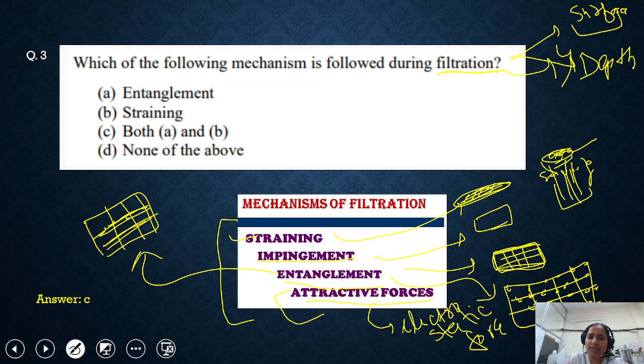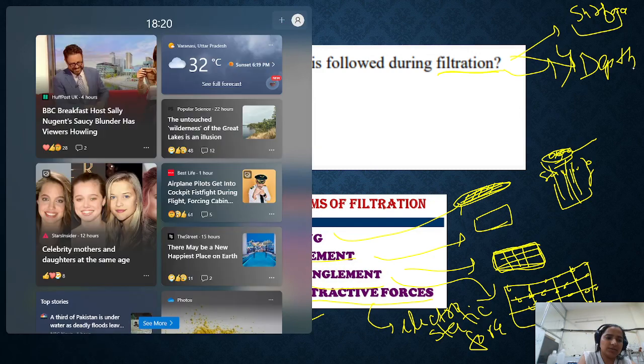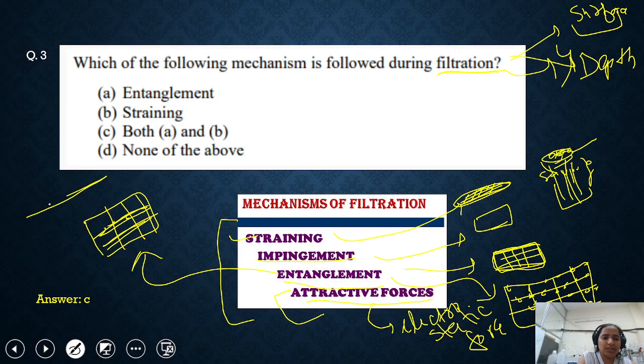What happens in surface filtration? Suppose this is your filter. The solid particles will settle above this, on the surface of the filter paper. The solid particles get collected here on the surface.